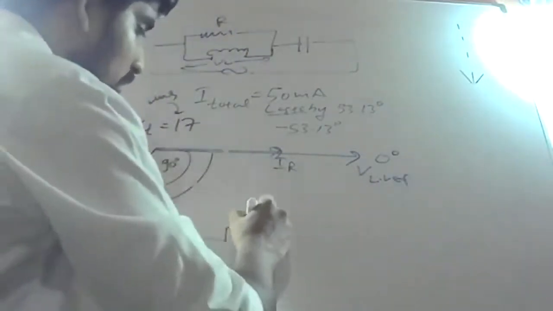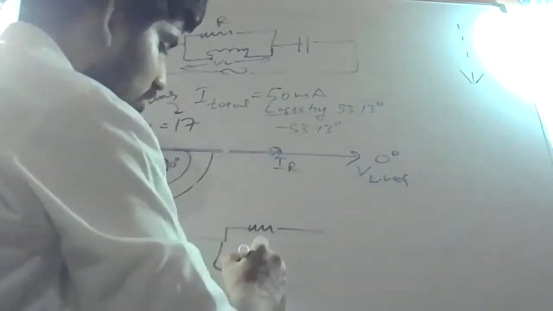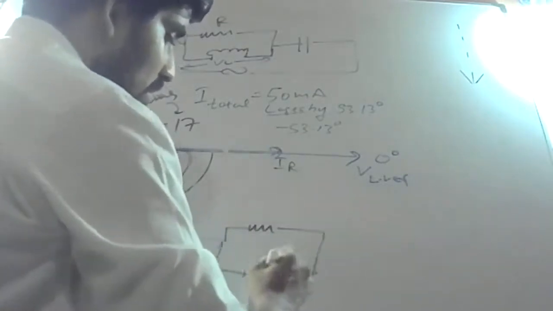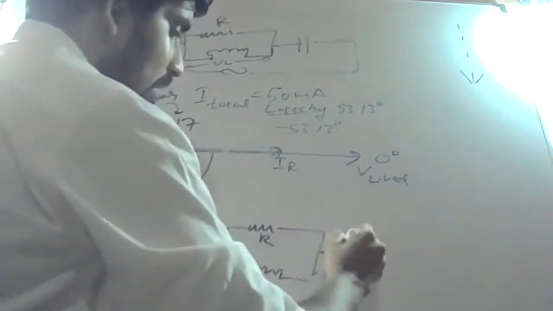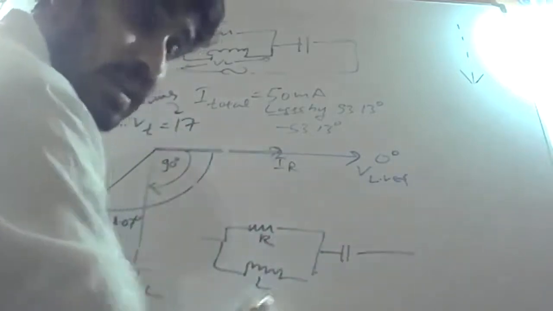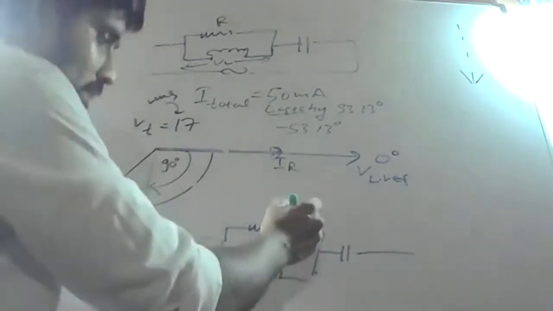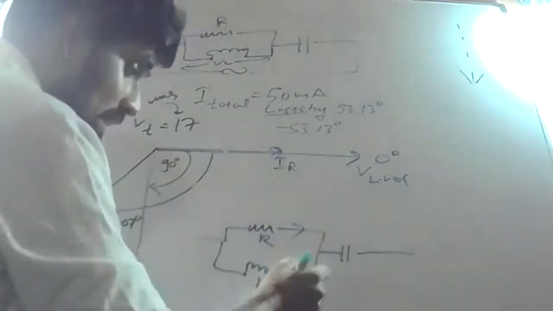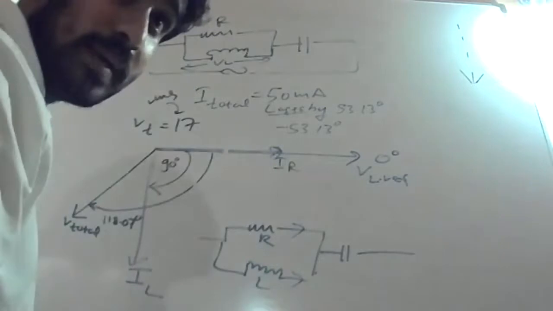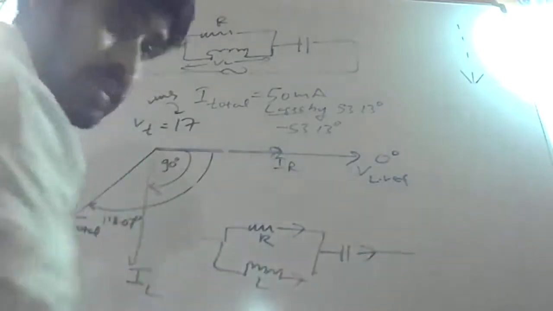So this is the resistor, the inductor, R, L, and the capacitor. We evaluated this current and that current, so now we know the total current.